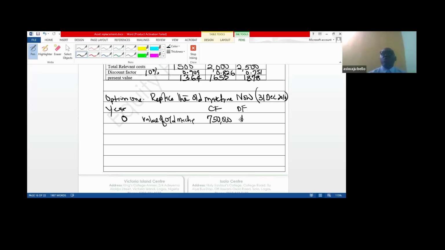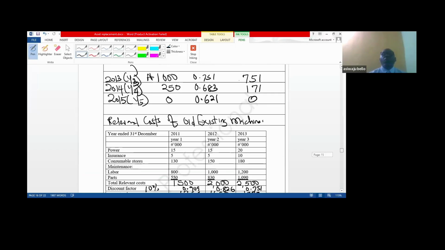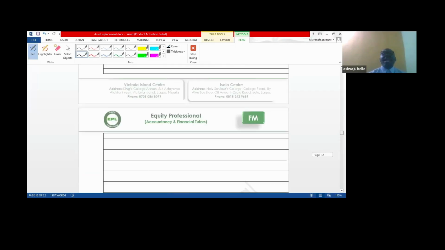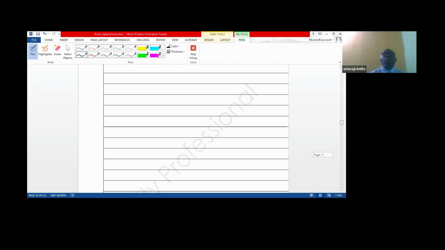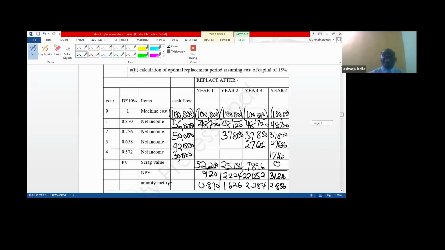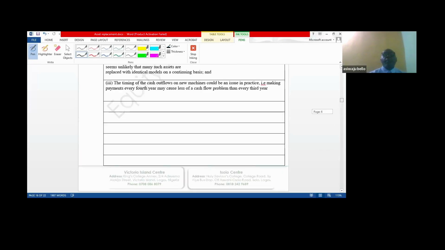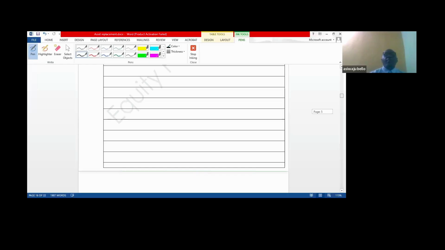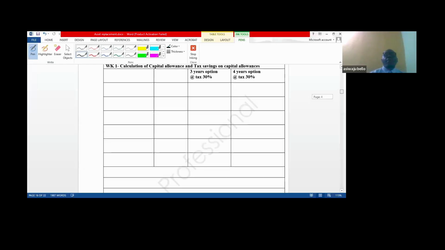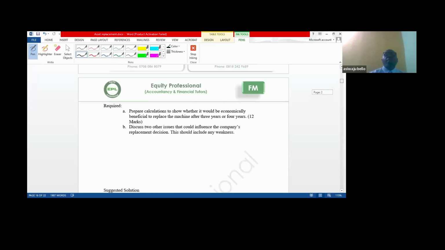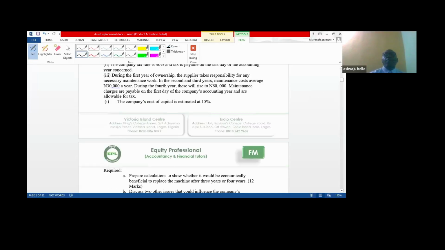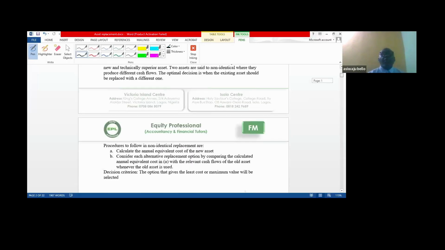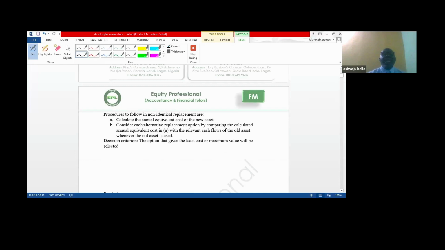Remember the rules. Let me take you to that side. Look at the rules for non-identical replacement, and look at the steps. A, calculate the annual equivalent cost of the new asset.